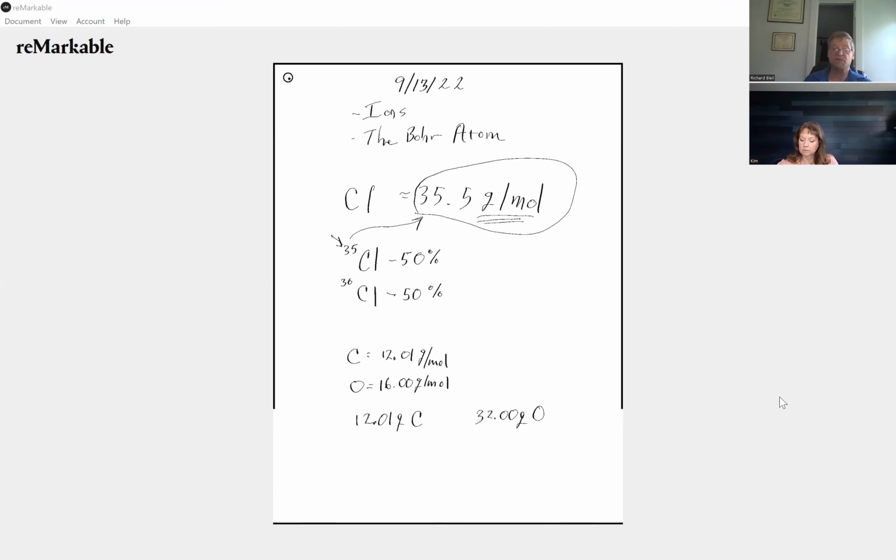So it was Avogadro who realized that if you have 12 grams of carbon and 16 grams of oxygen, you have the same number. 12 grams of carbon and 16 grams of oxygen will have the same number of atoms, because the relative weight, oxygen is just a little bit heavier than carbon, is always the same.